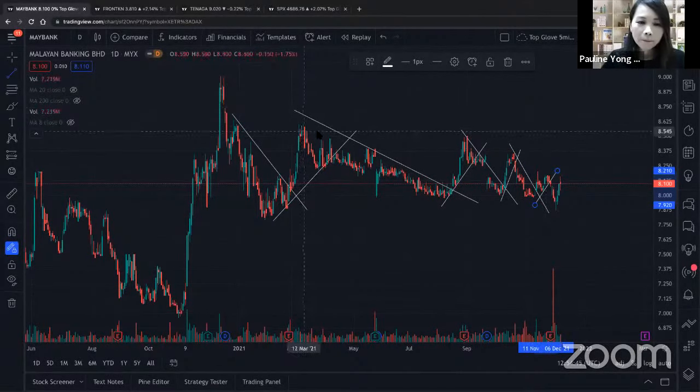So how do you achieve this? You have to practice. Practice makes perfect. Every day, you just have to look at the chart and then draw the trend line. So if one day you can draw the trend line as fast as I can, then that means you are able to draw a quick and good trend line.